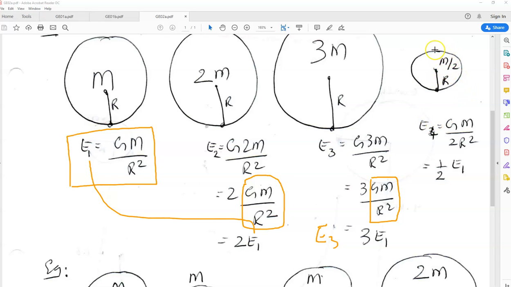Now here I have reduced the mass. Think that the mass is half the size. So here the gravitational field is G M by 2 times r squared. Again, this GM by r squared is nothing but E1. So the gravitational field strength here is half that of the first mass, E1.